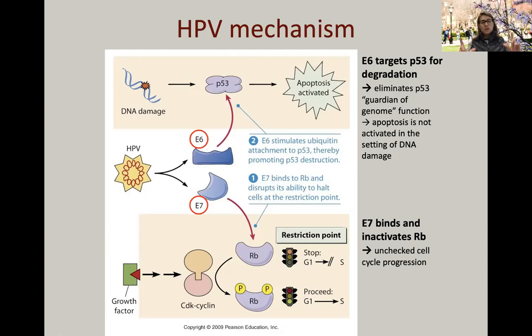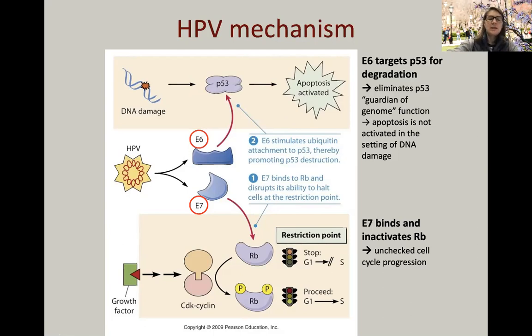The two main viral proteins that get produced are E6 and E7. HPV is a ring. What happens is it opens and integrates linearly into the human host genome of the cells it infects. The host transcription machinery transcribes and translates the HPV DNA into E6 and E7 protein.